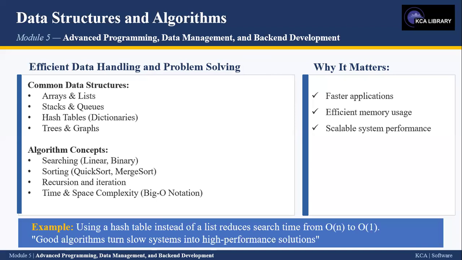Key algorithms: searching, linear versus binary, sorting, quick sort and merge sort, recursion and iteration. We measure efficiency with big O notation. Example, using a hash table instead of a list reduces search from O(n) to O(1). Good algorithms turn slow systems into high-performance solutions.